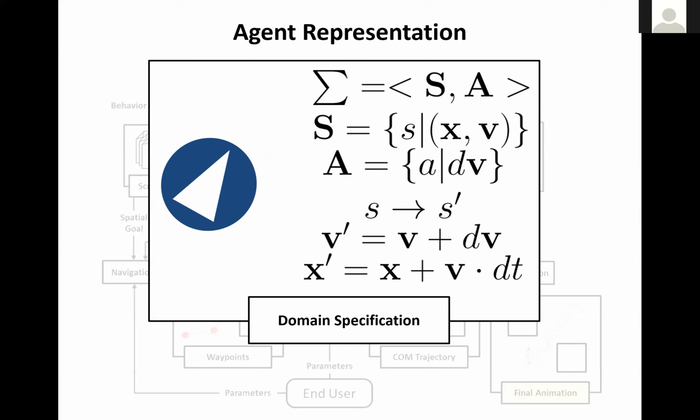What this is saying is that by simply injecting a change in velocity to the current velocity of the agent, you can update its next velocity. So the velocity at the next time step is basically v plus dv, and the change in velocity can then be used to update the position.